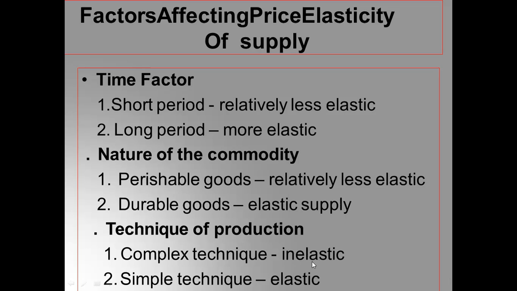And if you're using a simple technique, then the supply is going to be elastic, because a simple technique doesn't require complex methods. Whereas if you're using a complex technique, then even if the price is high, the supply is not going to change, because the technique of production is very complicated. So the output becomes a little difficult.